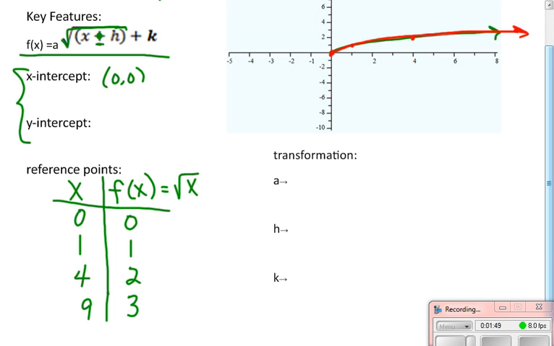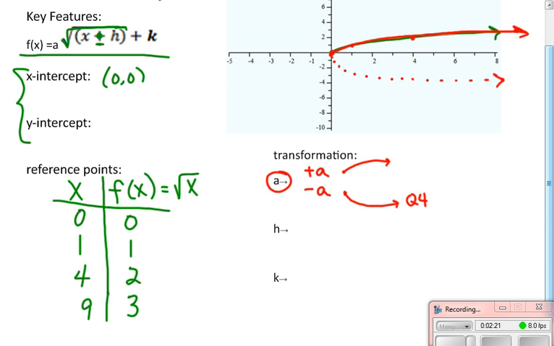Now, much the way that we've seen a parabola behave, A is going to control our direction, whether it opens the direction it does. Positive A, it's going to curve up this way. If A is negative, it reflects over the x-axis and is down in quadrant 4 here.